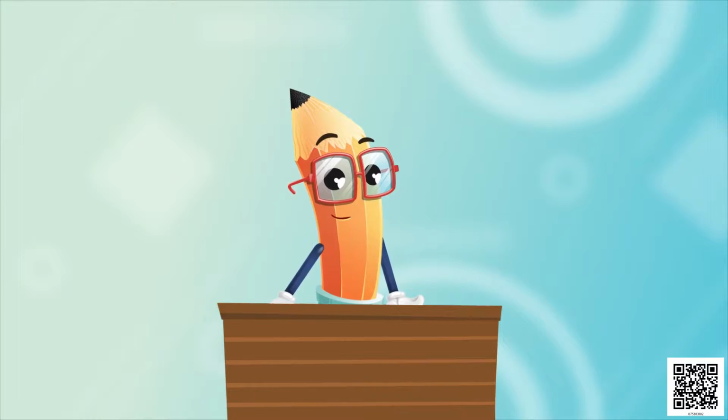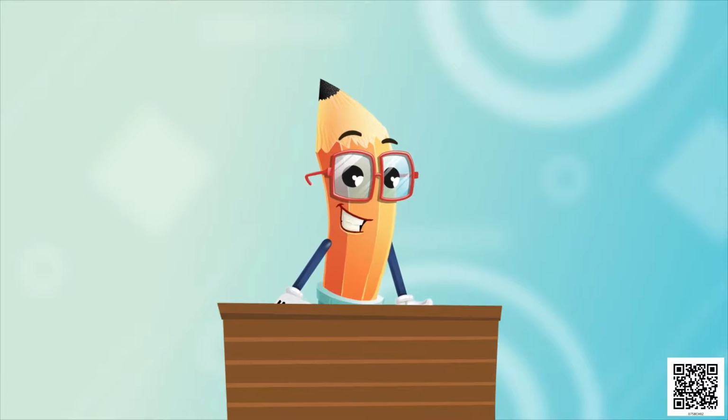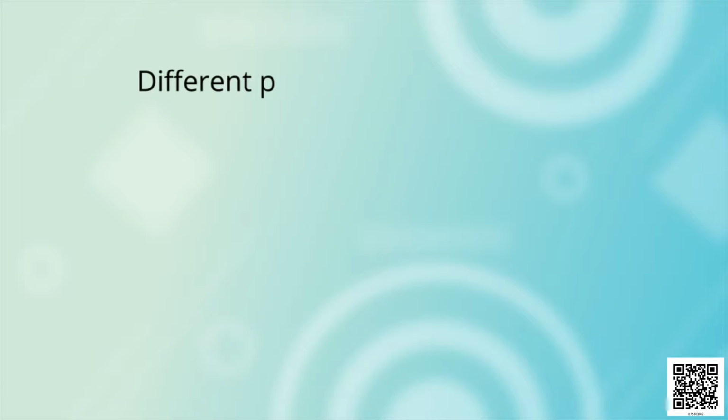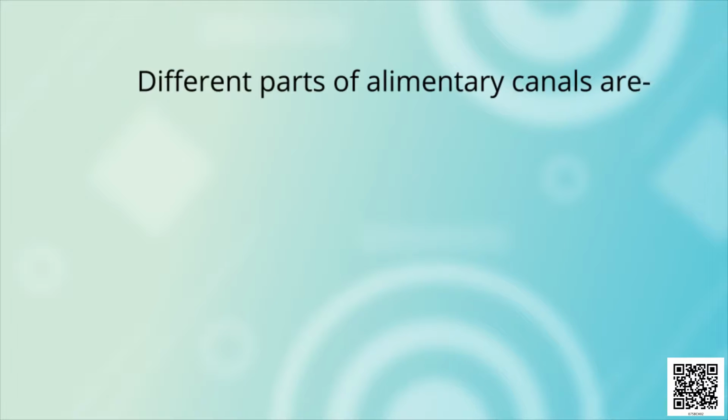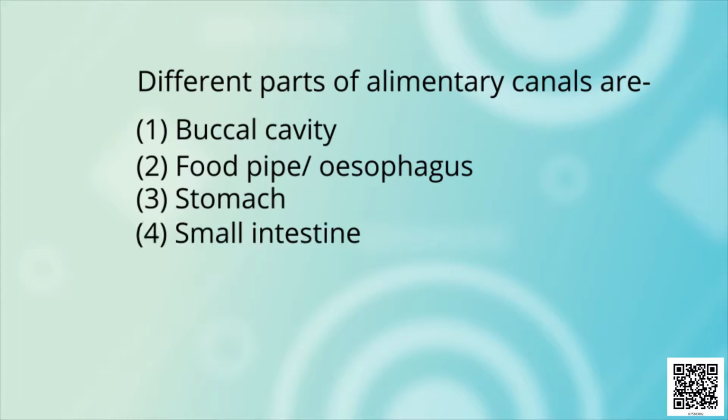Amoeba ingests its food with the help of its false feet or pseudopodia. Different parts of the alimentary canal are buccal cavity, food pipe or esophagus, stomach, small intestine, large intestine, anus.